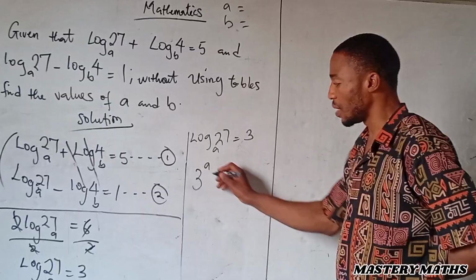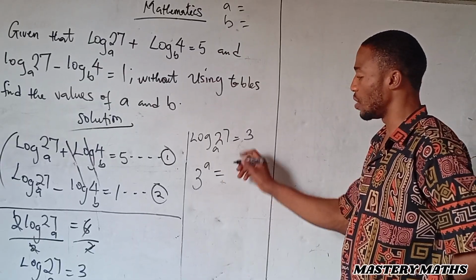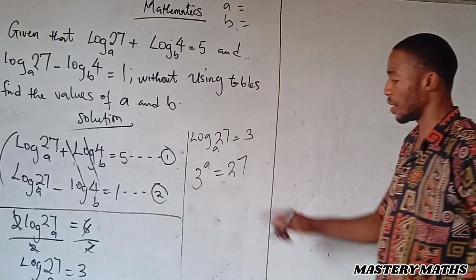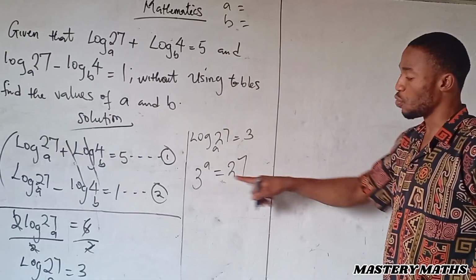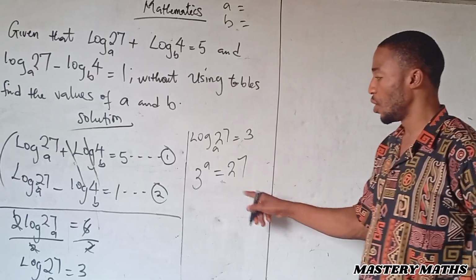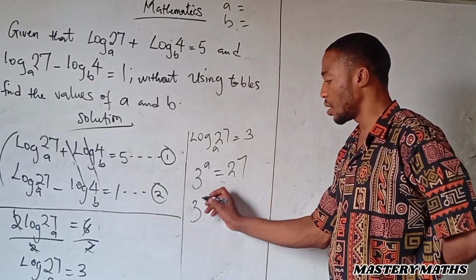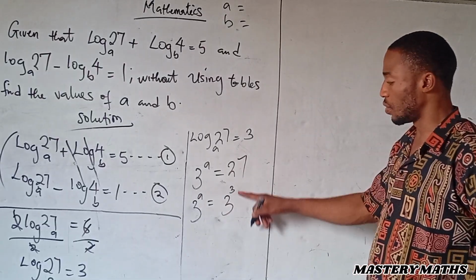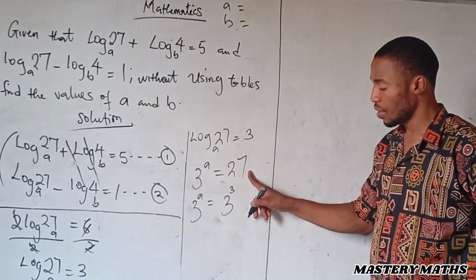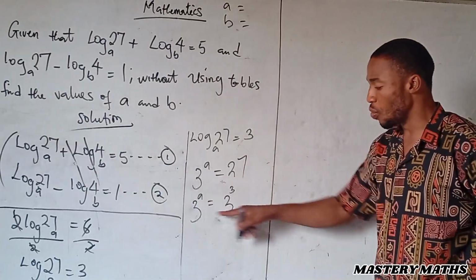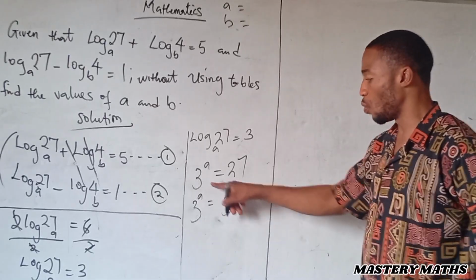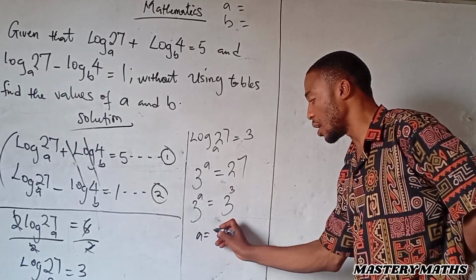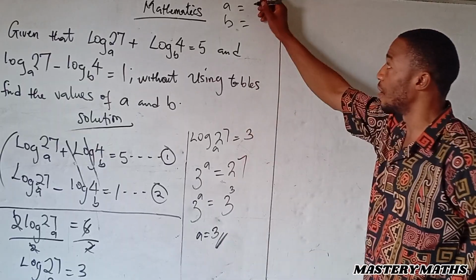Now, the base becomes a power, and your 27 stays this way. So we need to equate both values. It will be 3 raised to the power of A equals 3 raised to the power of 3, because 3 raised to the power of 3 is 27. Since the bases are equated, we work on the power. So it gives us A equal to 3. So we've gotten the A.